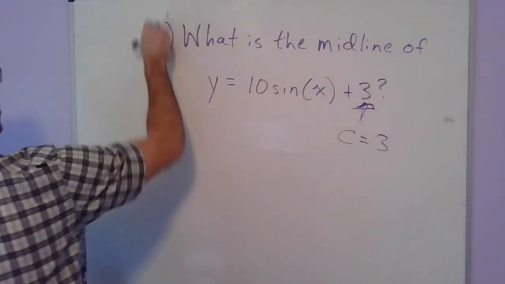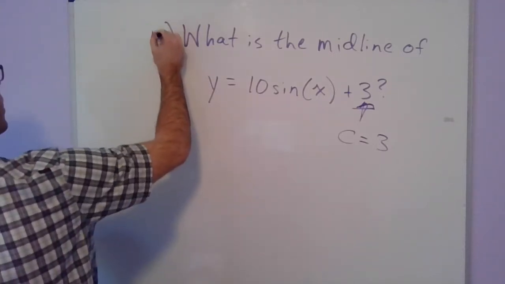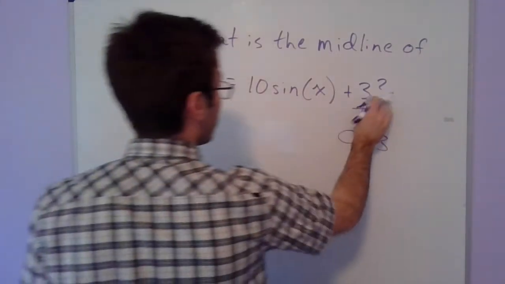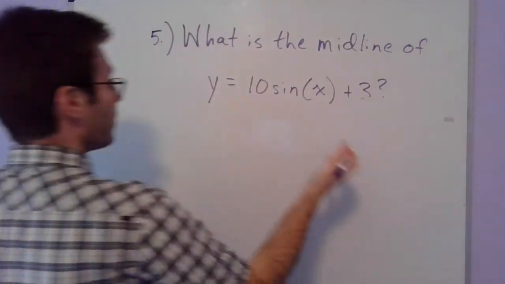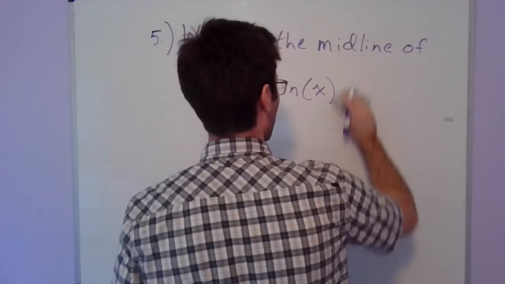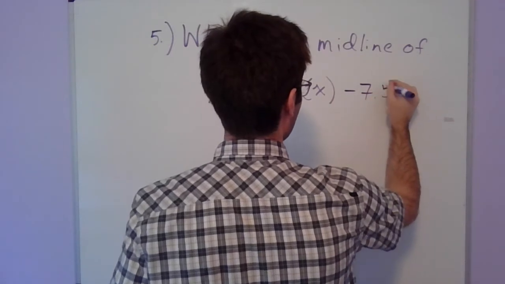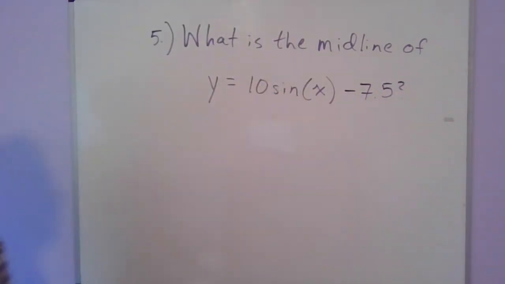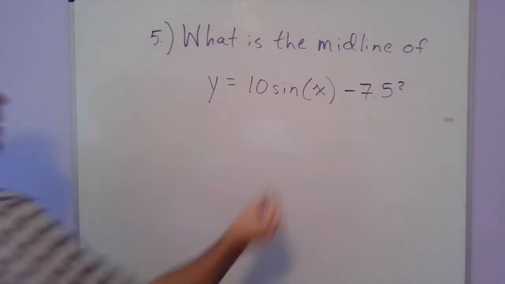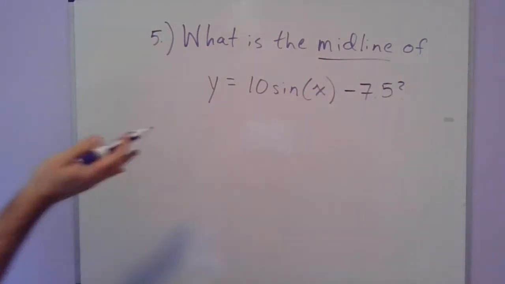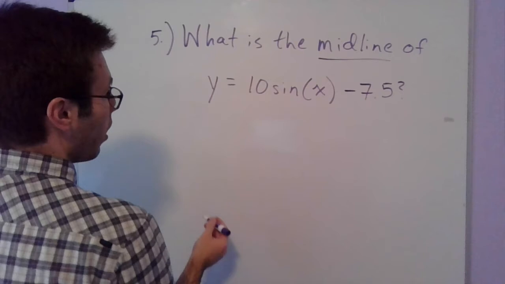If you had an example where, let's say, it would be something like -7.5. Remember, the midline is just the value at the very end.